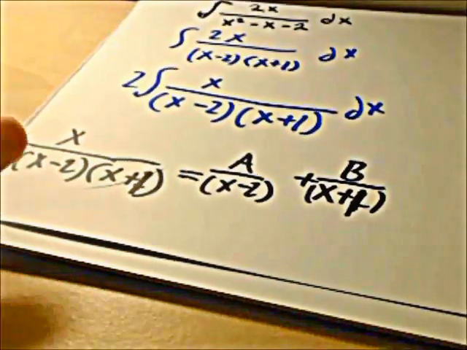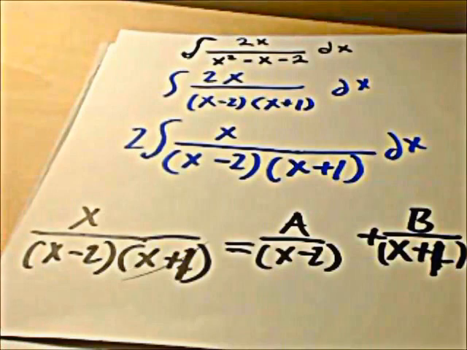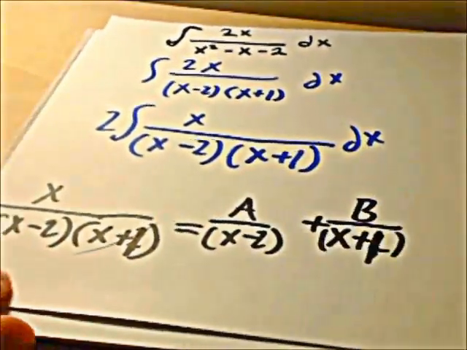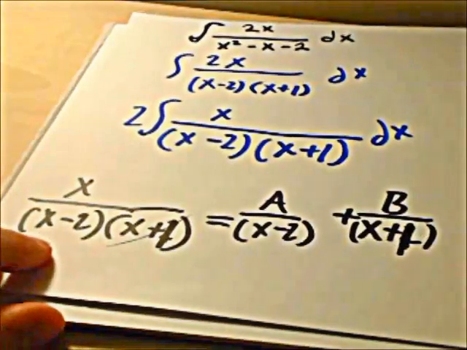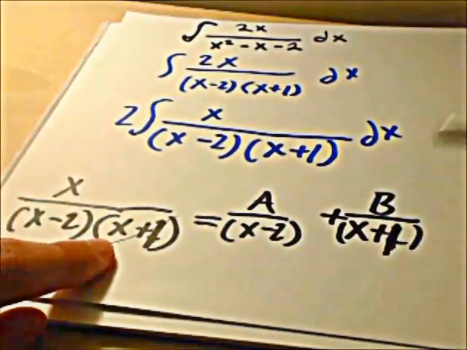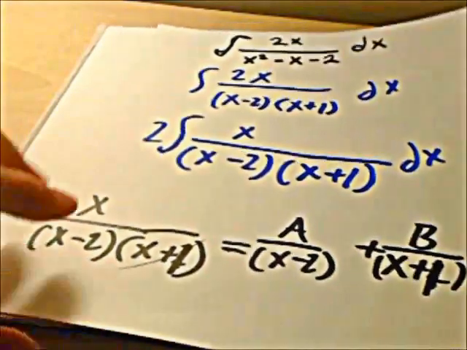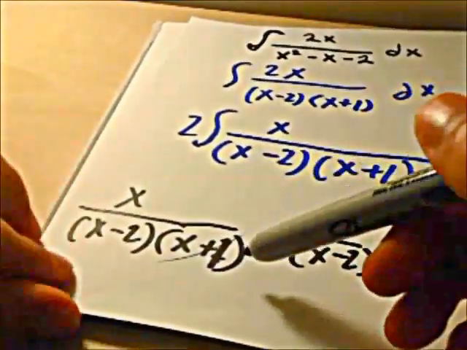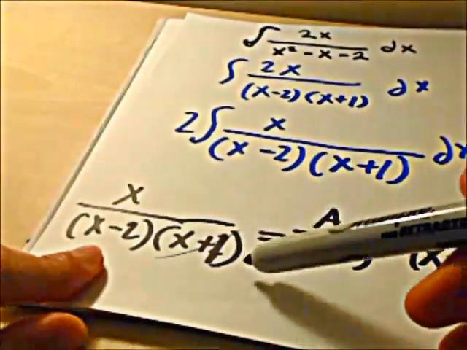I'm going to break this down, so I'm going to put A over the first piece in the denominator, which is x minus 2, and then B over the second piece, which is x plus 1. Now I'm going to simplify that by getting rid of the denominator.